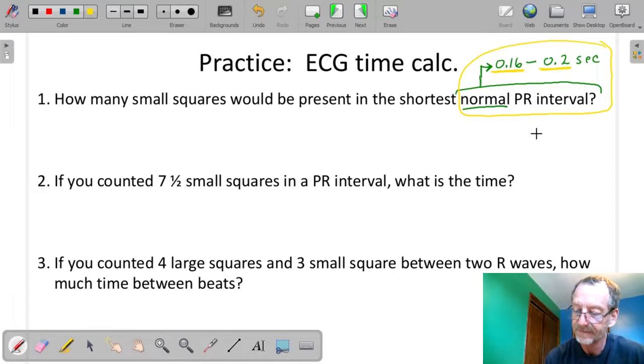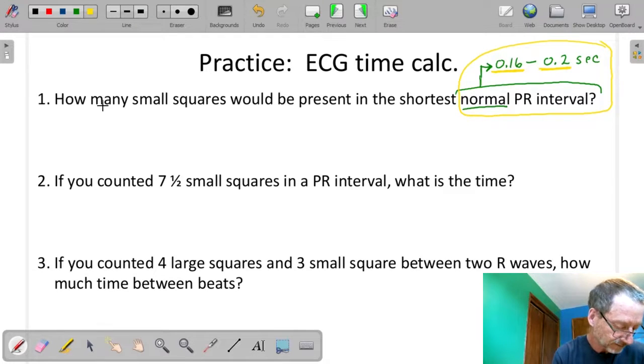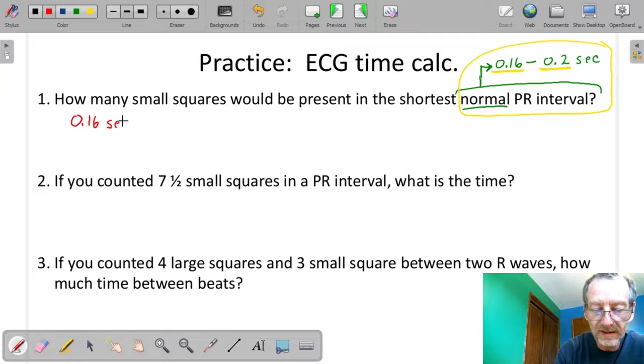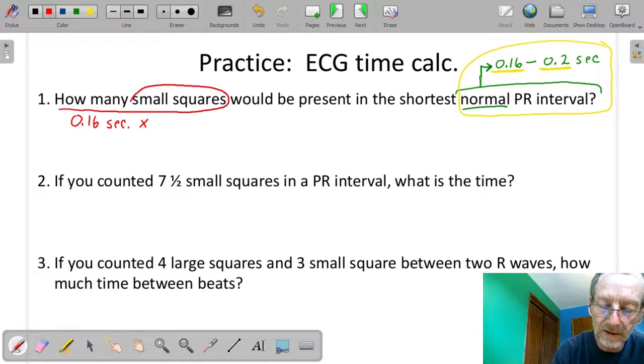Well, the shortest PR interval would be 0.16 seconds. So if we started with 0.16 seconds and multiply that by how many seconds in a small square, we want small squares because that's what we're asked for. How many small squares? So we want small squares in our answer.